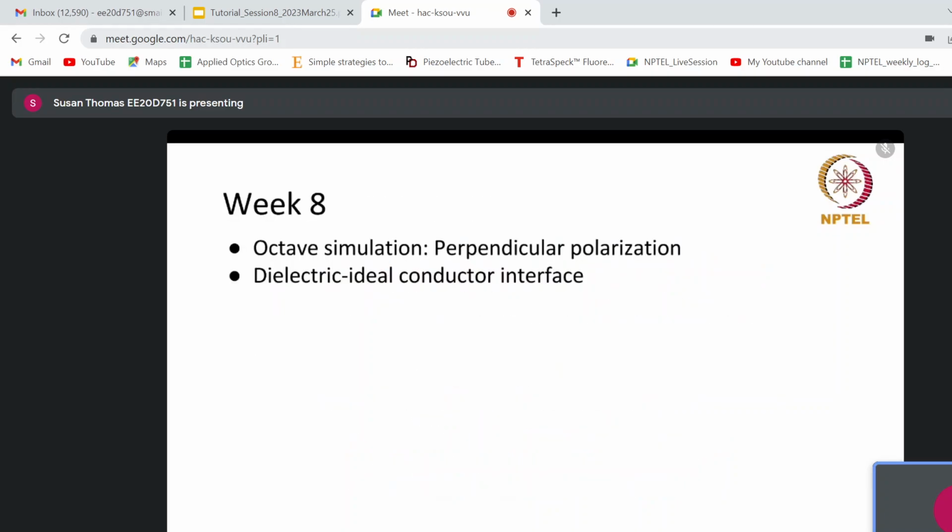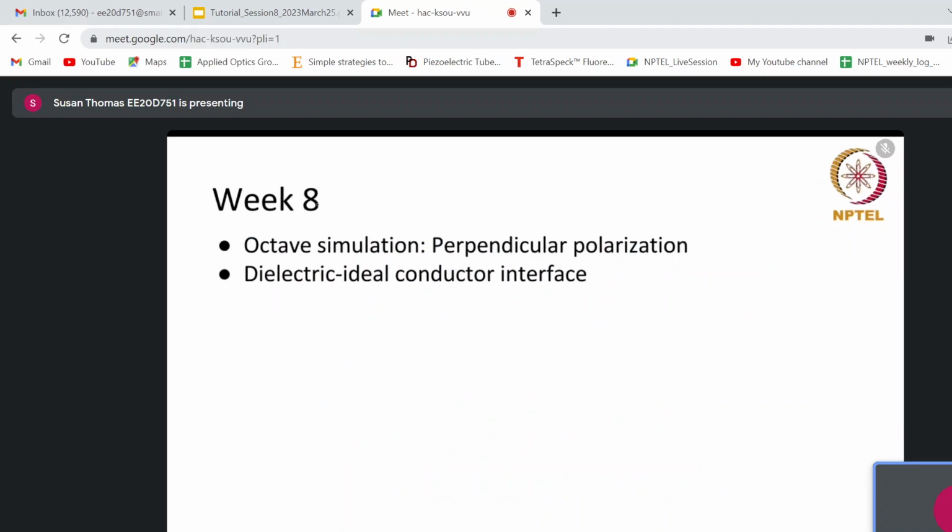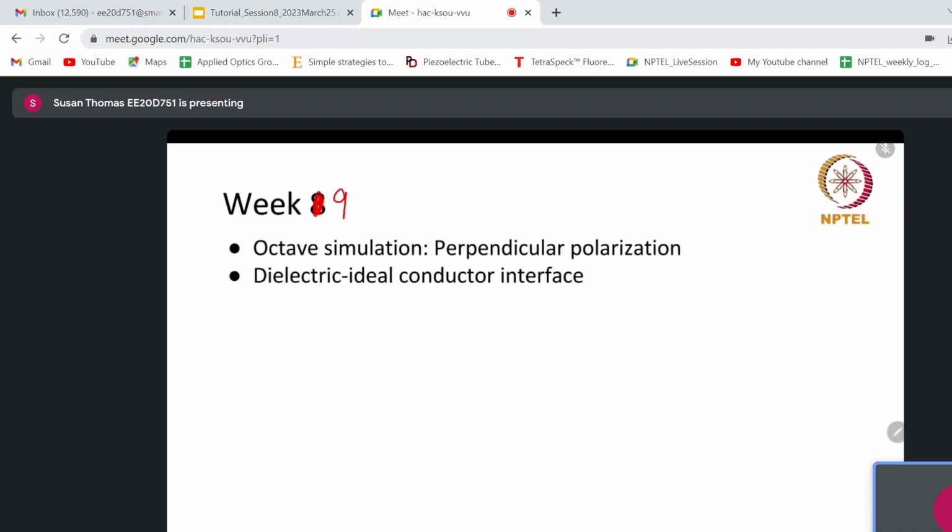So for today's session, for this week 9 content, we have basically the octave simulation of perpendicular polarization, and the second major topic of discussion in this week 9 is the dielectric ideal conductor interface.